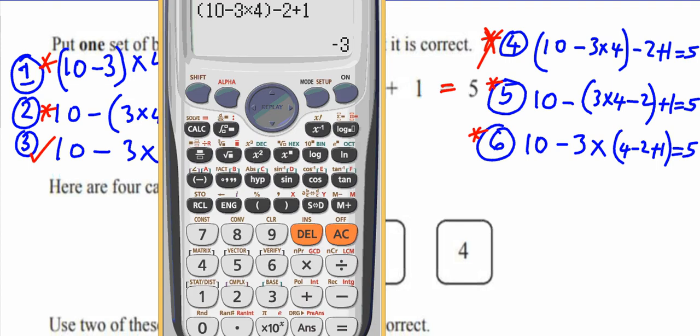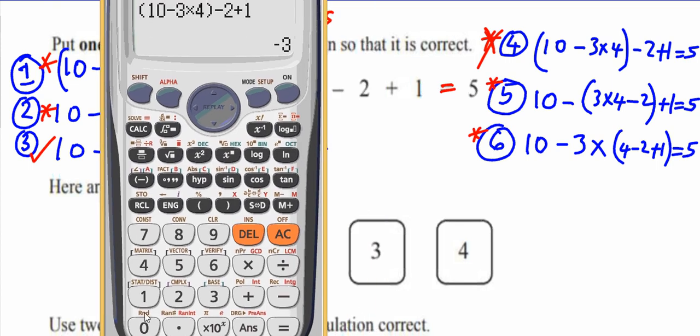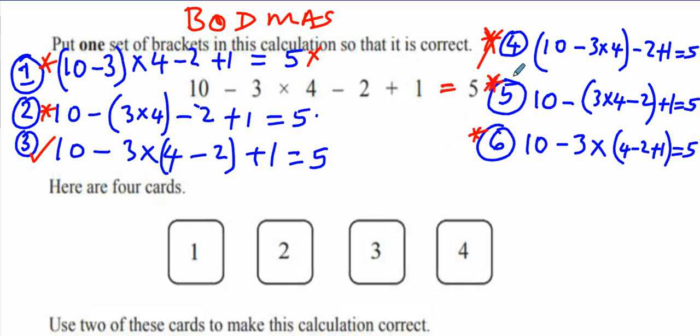Next one is 10 minus bracket 3 times 4 minus 2 plus 1. Nope, I'm not getting equal to 5. I'm getting something else.